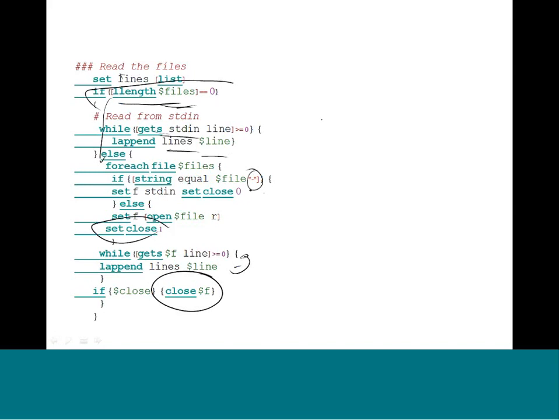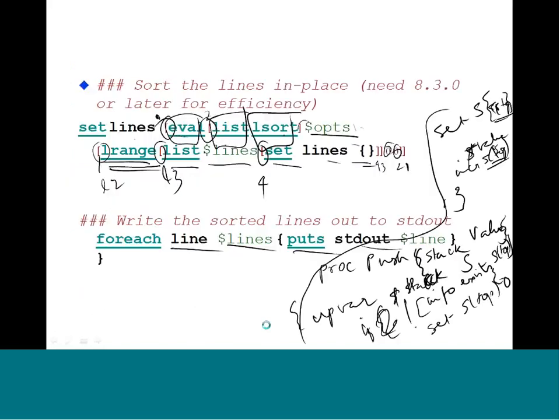Otherwise, for each of those files we see if the string is equal to dash, then we close the file, otherwise we open the file for read only and set close to 1, and then we start reading line by line until we reach the end of the file.